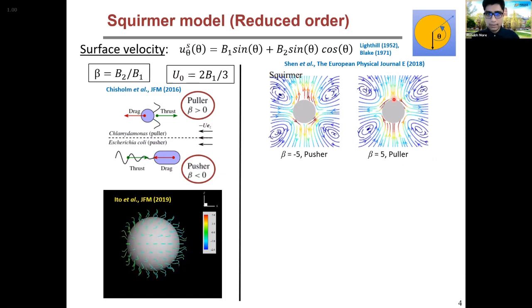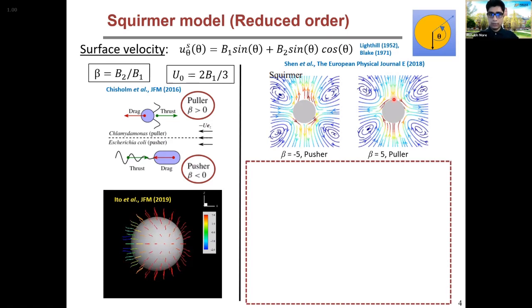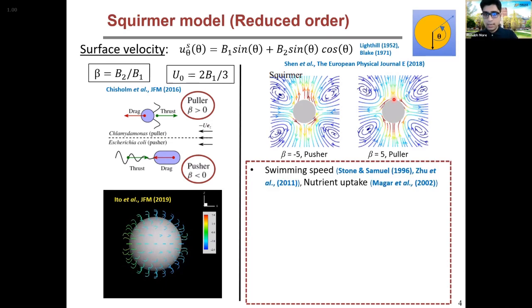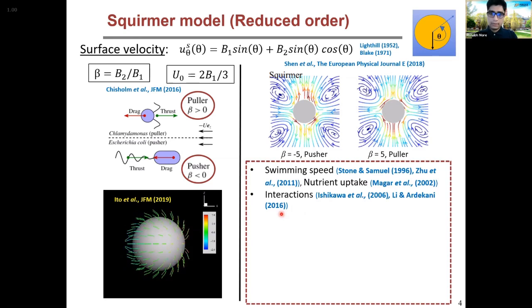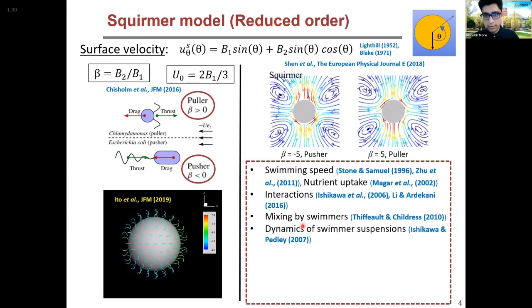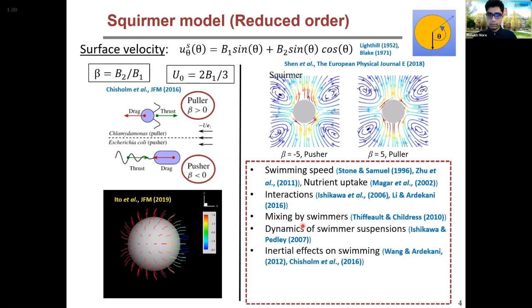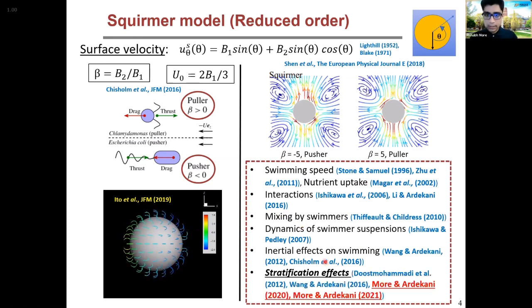This model has been used a lot throughout the years to model the motion of organisms and study various phenomena, such as their swimming speed in Newtonian or non-Newtonian fluids, the nutrient uptake by these organisms, also the interactions between a pair of organisms in a homogeneous fluid at various Reynolds numbers, also to study mixing by swimmers in oceans, dynamics and rheology of swimmer suspensions, also the inertial effects on their swimming.